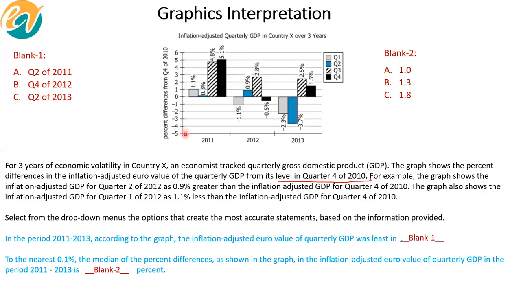Quarter 4 in 2010 was the base, and then this is obviously quarter 1 in 2011. Are we clear? So in the period of 2011 to 13, which is what this graph is about, the inflation adjusted euro value of quarterly GDP was least in which of these?